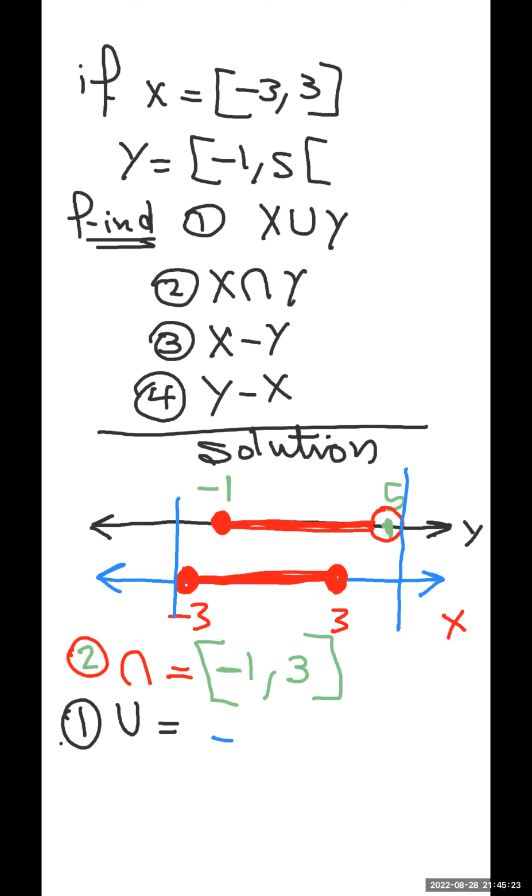-3 and 5. Do we have -3 in the two sets? No. Then opened. Sorry, union means closed. Okay? Because we have -3 in one of the two intervals. Then what about 5?